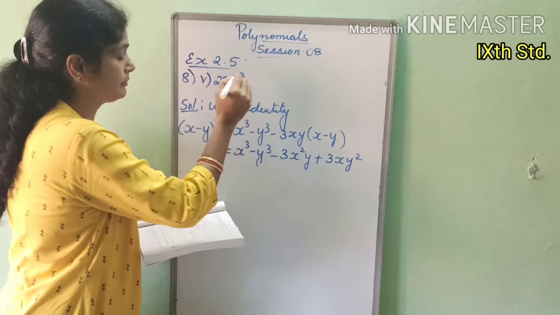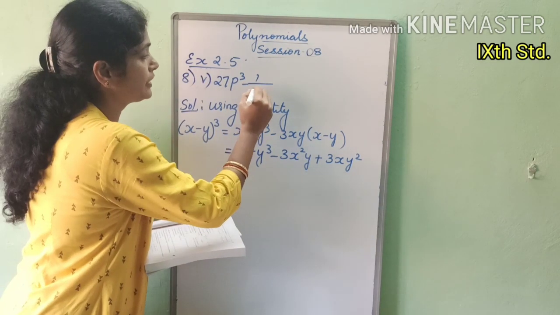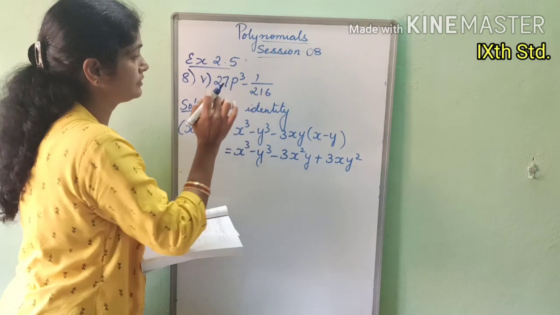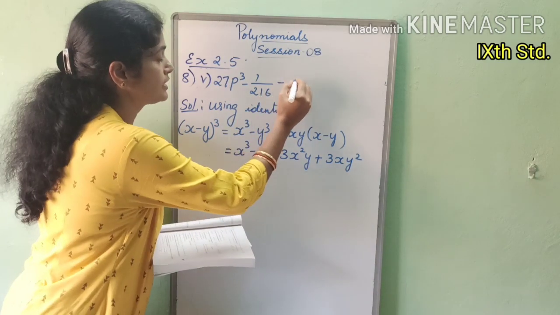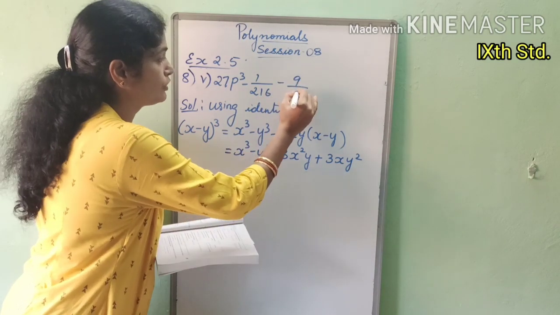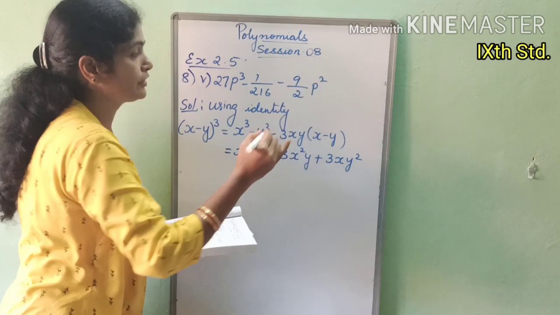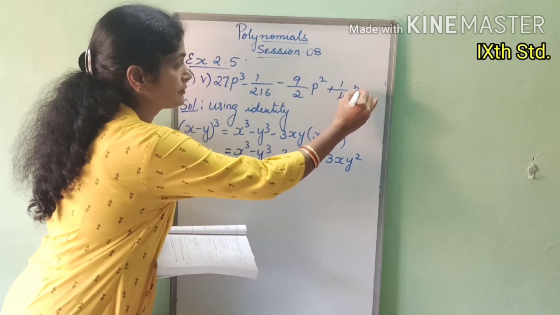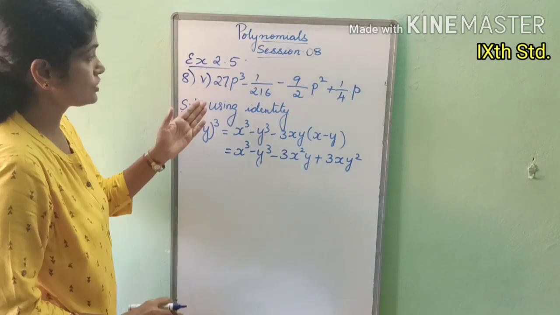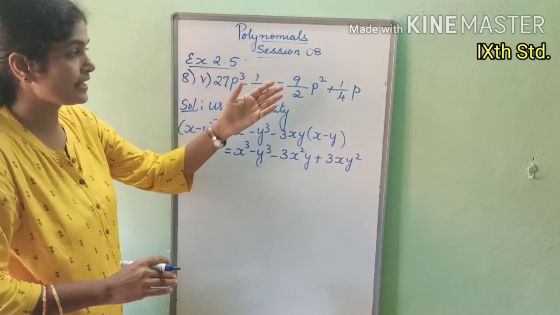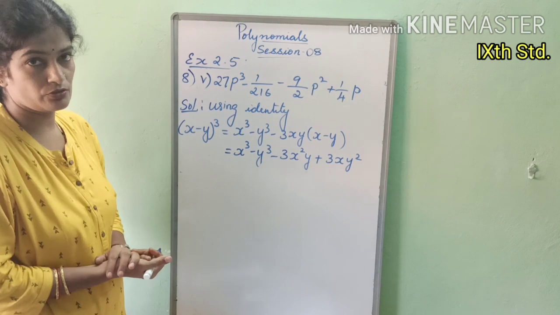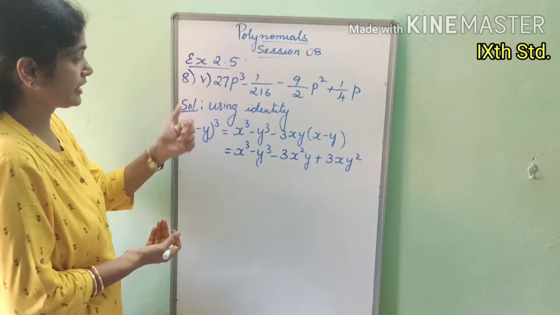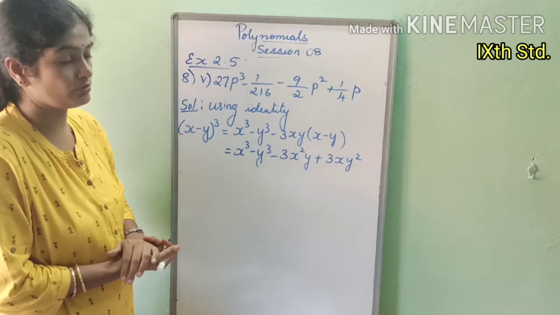27p cube minus 1 by 216 minus 9 by 2p square plus 1 by 4p. So as usual, since it contains some negative as well as positive terms, we will go with using this identity itself, (x minus y) whole cube, right?